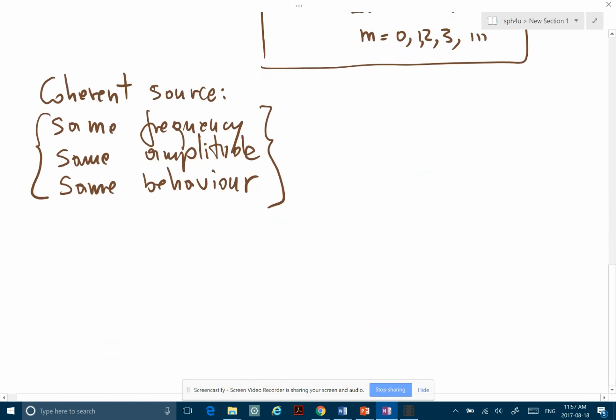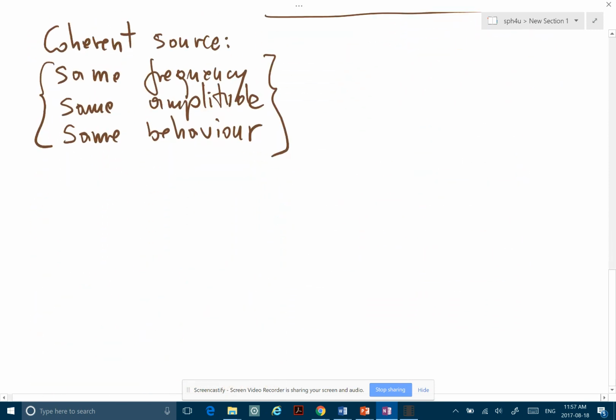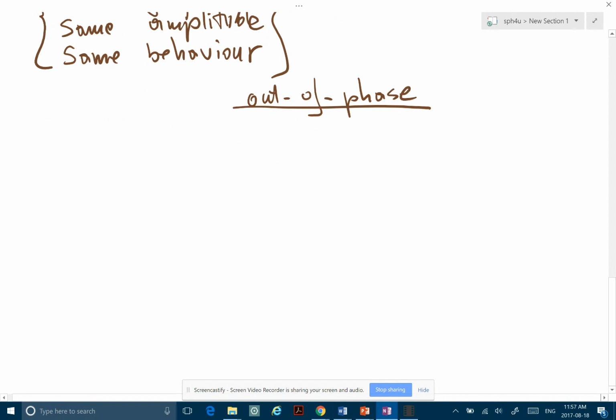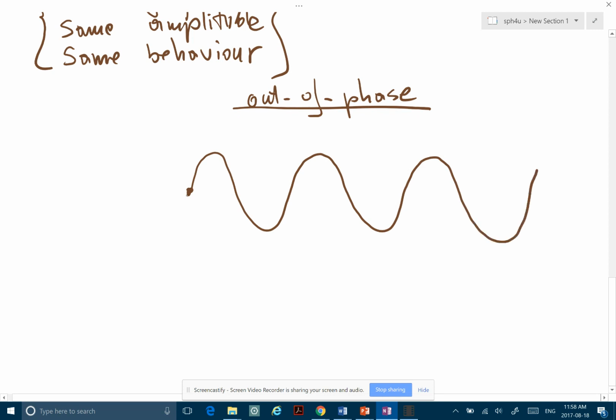And of course, we have the out of phase scenario. And these are the two extremes that we're really going to deal with in this course. There is, of course, plenty in between. But out of phase is when you have something like this. So again, let's have one wave that is as such, and this is the source of that wave.